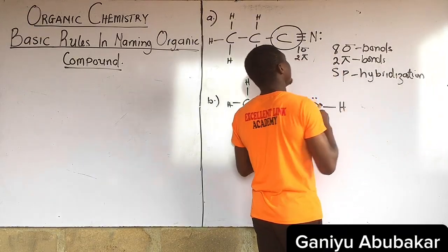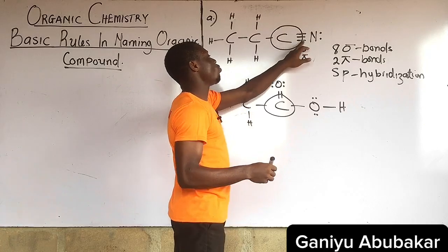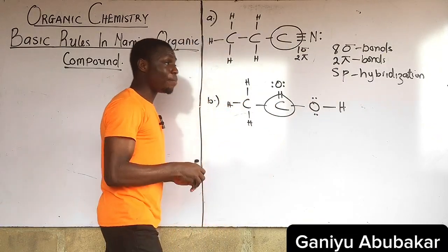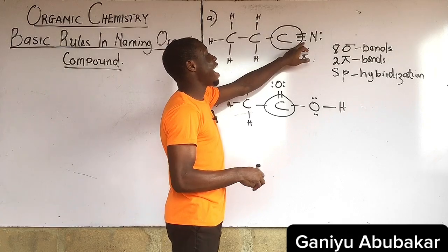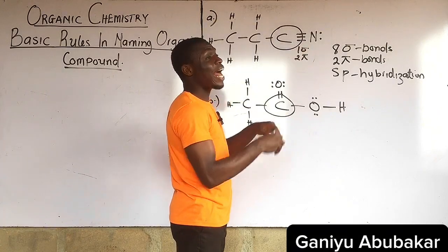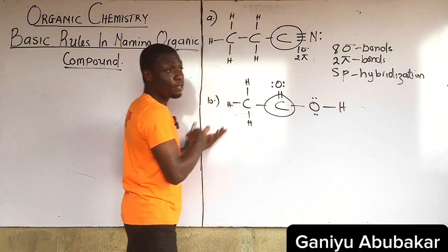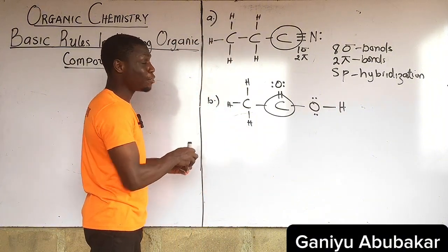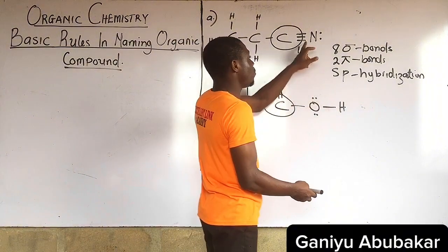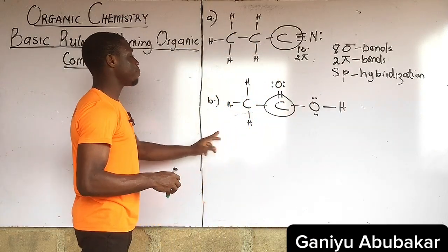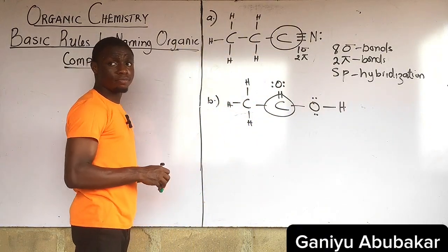So this carbon here is sp hybridized. Why? Because it is an alkyne, a triple bond. We said alkanes are sp3 hybridized, alkenes are sp2, while alkynes, which are triple bonds, are sp hybridized. Now let's get the total number of sigma bonds and pi bonds for the next one.